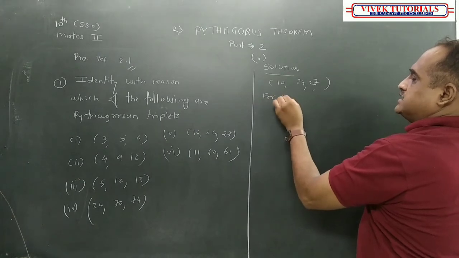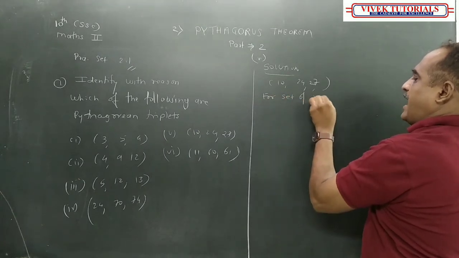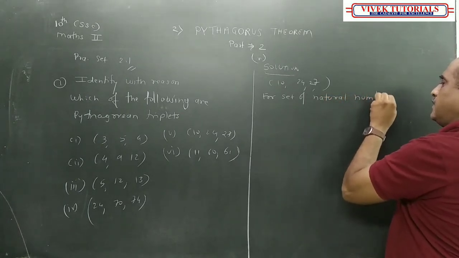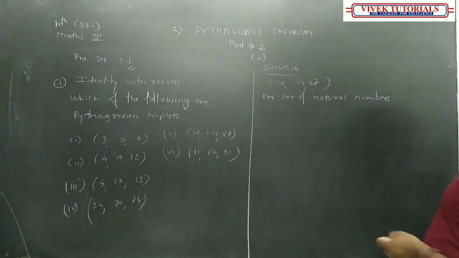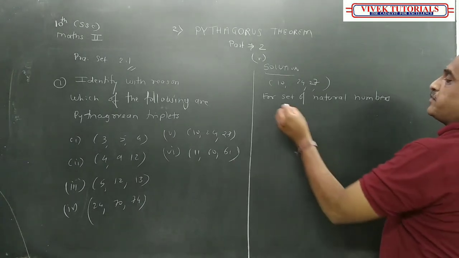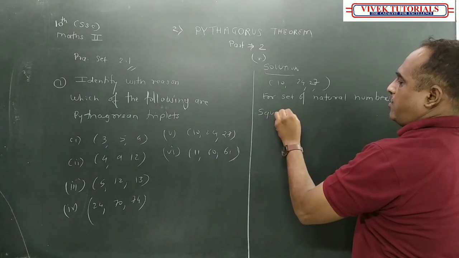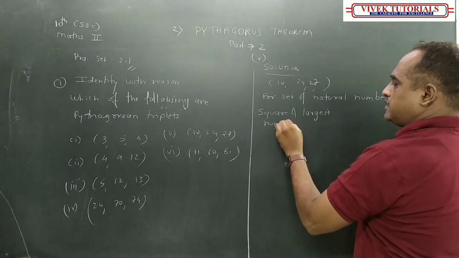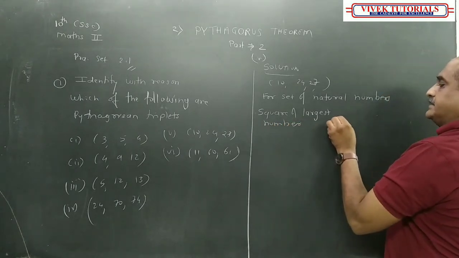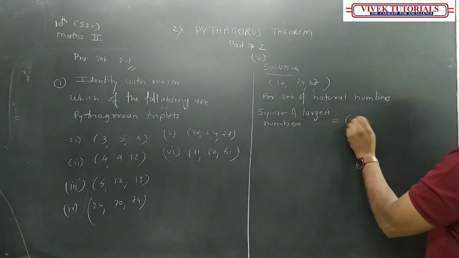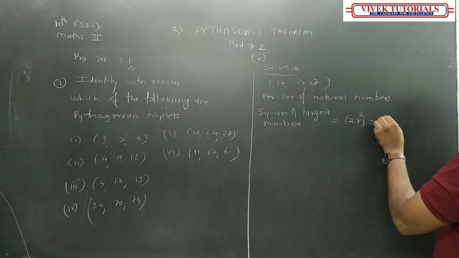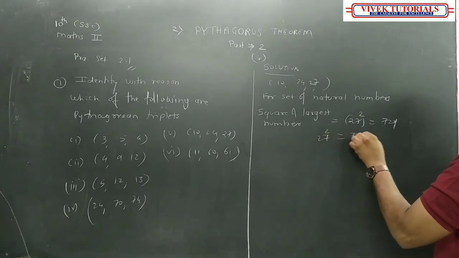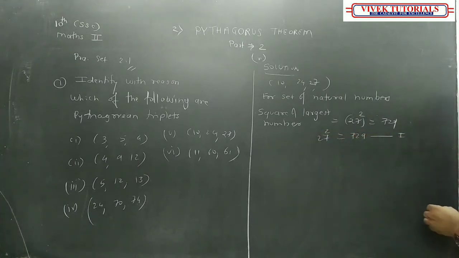For the set of natural numbers, the square of the largest number, that is 27 square, is equal to 729, equation 1.